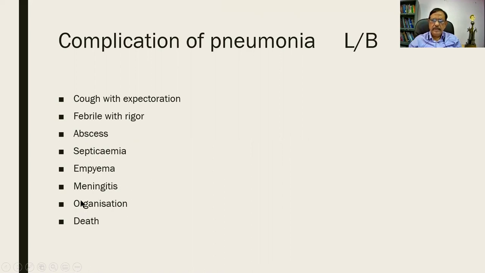Organization we have mentioned earlier. Death is very rare because with the advent of antibiotics and early diagnosis, treatment is good. Complications are cough with expectoration, febrile illness with rigor, abscess formation, septicemia, meningitis, empyema thoracis. Sometimes there can be organization. Rarely there is death.